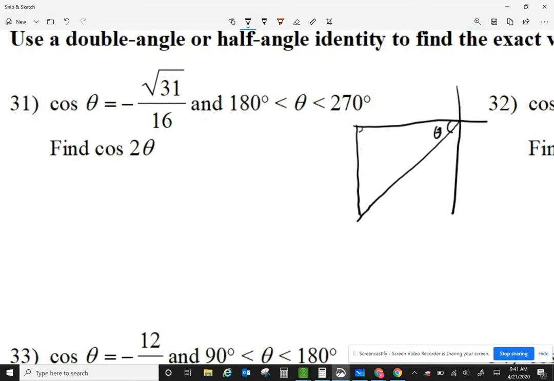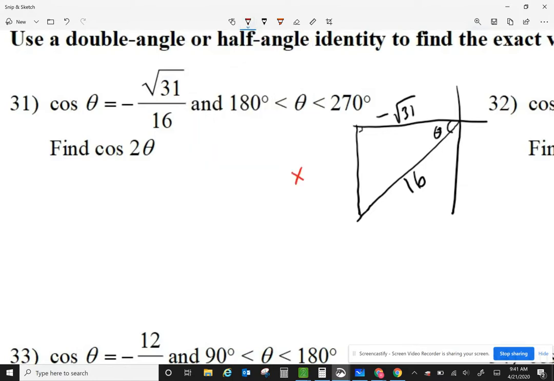All right, so I know that cosine is given, and I know cosine is adjacent over hypotenuse. Hypotenuse is always positive. The adjacent is negative radical 31. I don't know the opposite side.